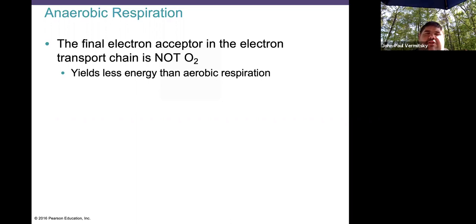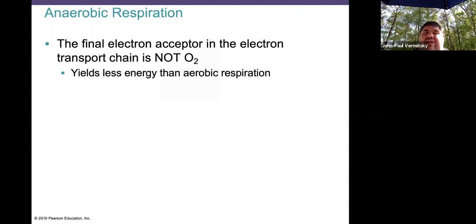Anaerobic respiration is different than cellular respiration because there's no oxygen. As we talked about in the second part of this lecture, aerobic respiration involves the use of oxygen as the final electron acceptor. Because we're doing anaerobic respiration, the final electron acceptor in the electron transport chain is not oxygen.